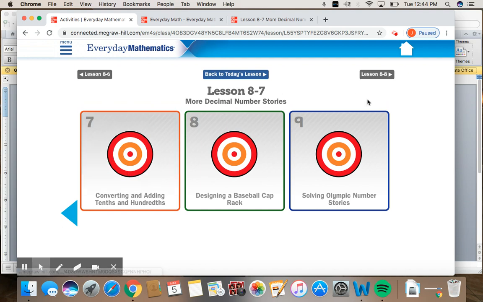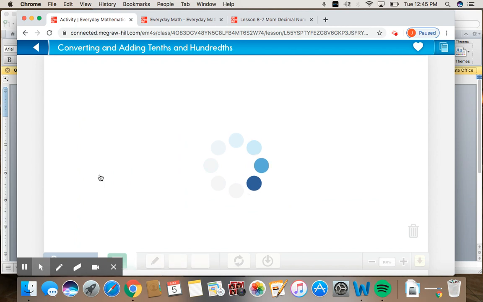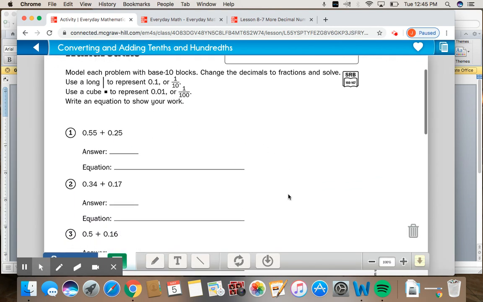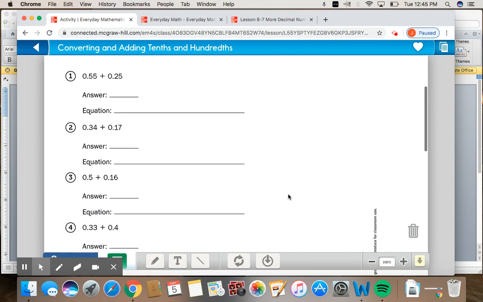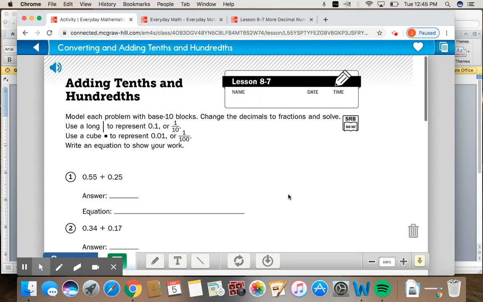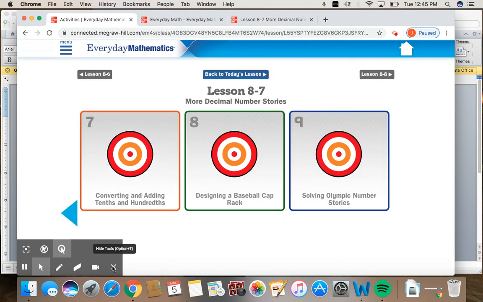And here's some activities that you have at the end. Let's take a look at them. Here's some additional practice with those decimals. You don't need to use base 10 blocks for this, but if you wanted to, you can always use that math toolkit, those e-tools that you have.